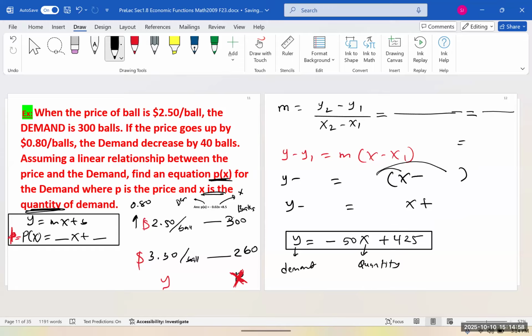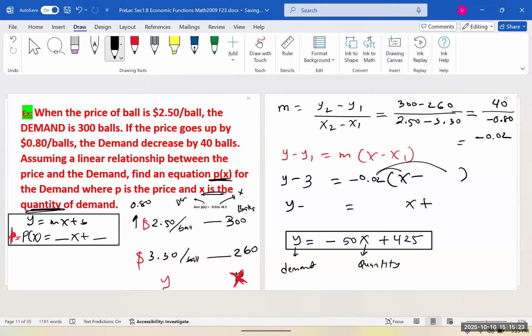But here Y is 300 minus 250. And this is 250 minus 330. So negative 0.80 over 40. That gives us negative 0.02. So this is negative 0.02. And 300 looks better.